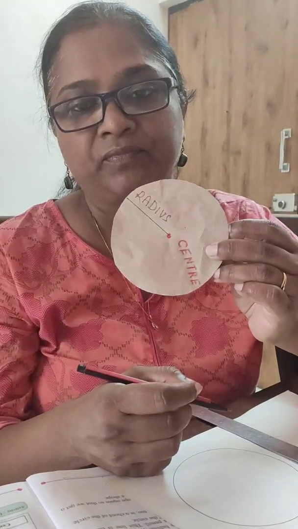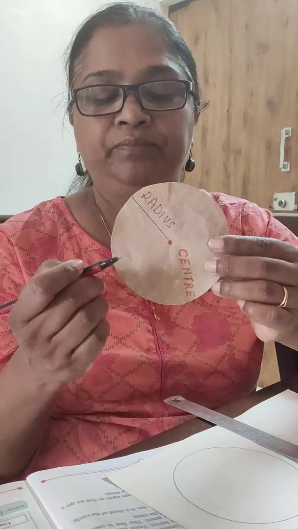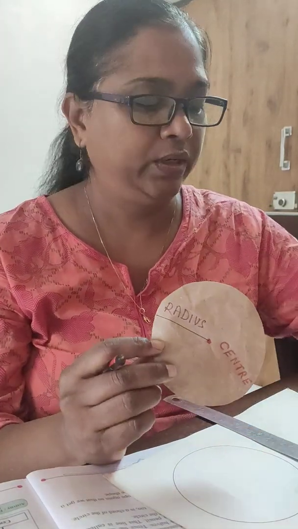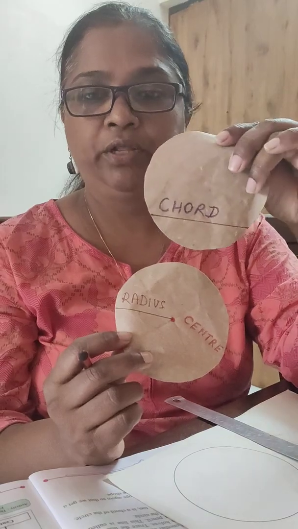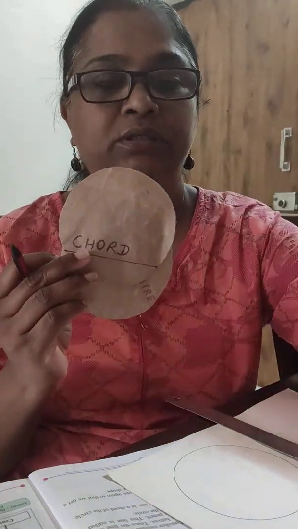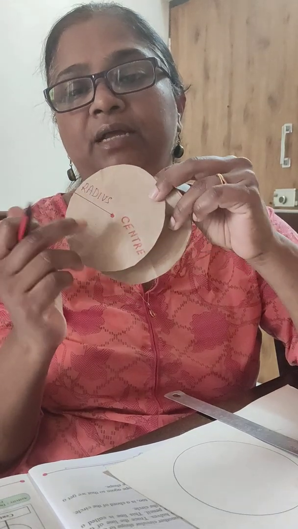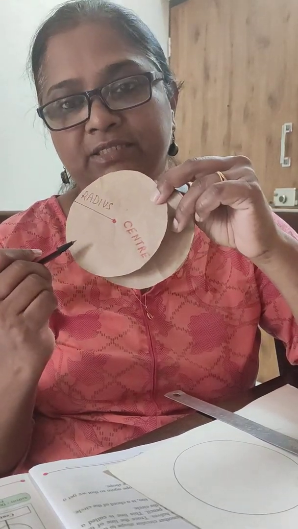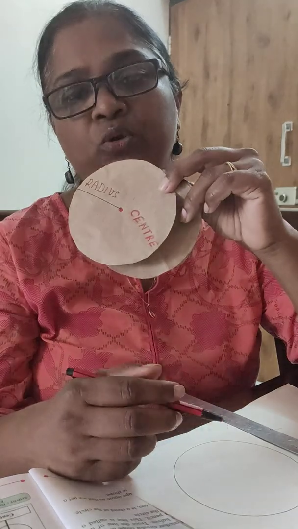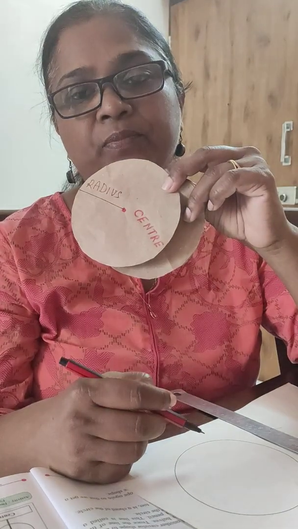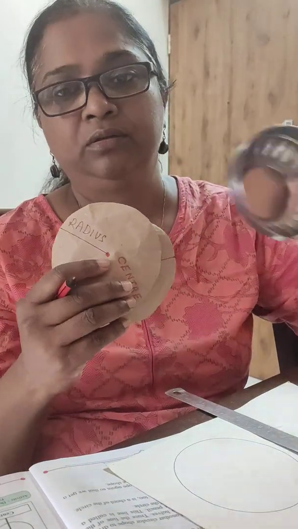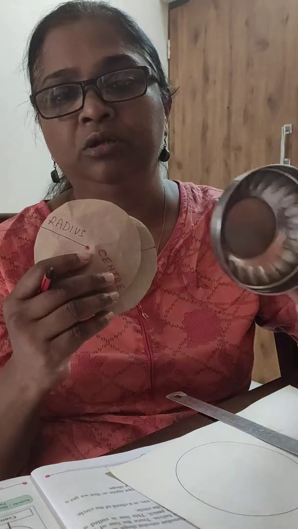Okay. So, remember, what did we learn now? We learned about the chord, we learned about the diameter, and we learned about the center and the radius. Now, will you always draw a circle with a bowl? Will you carry this bowl to school?